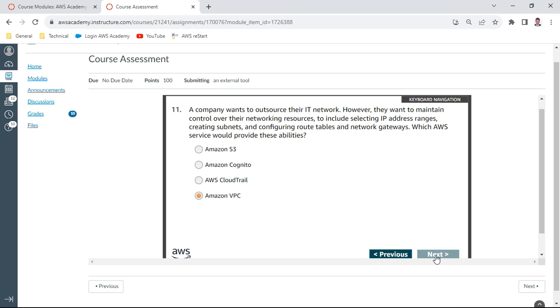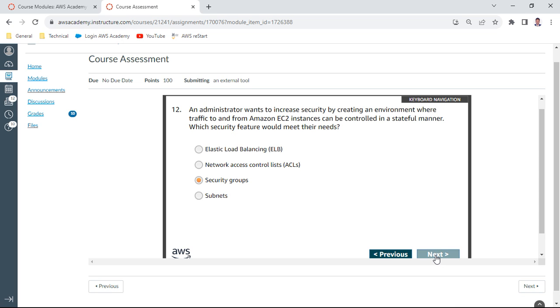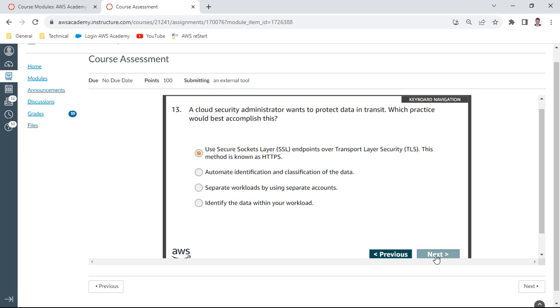It is VPC. 12th one: an administrator wants to increase the security by creating an environment where traffic to and from EC2 instances can be controlled in a stateful manner. Which security feature would meet their needs? That is security groups. 13th one: a cloud security administrator wants to protect data in transit. Which practice would best accomplish this? Use SSL and TLS endpoints.